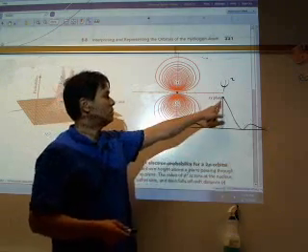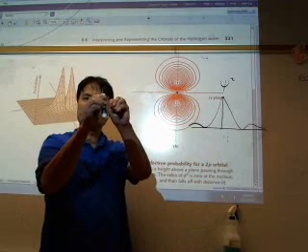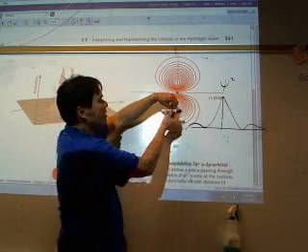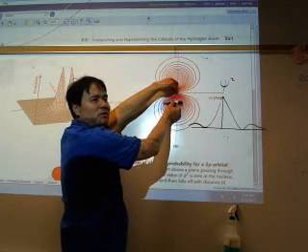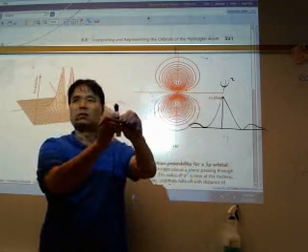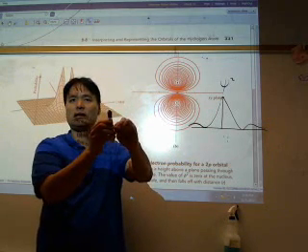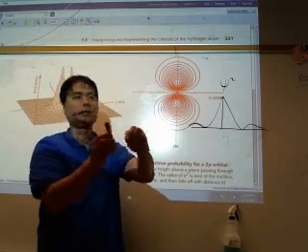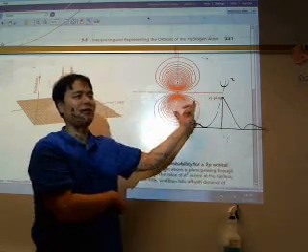Because this one has the highest probability right next to the nucleus, so the electron and the nucleus are right there together. This one, you have to pull the electron away from the nucleus. If you pull the electron away from the nucleus, you know what that does? That increases the energy.